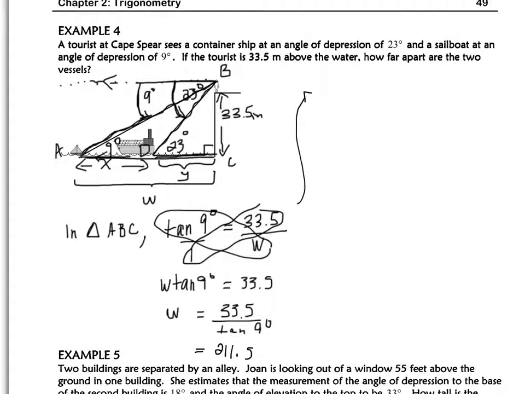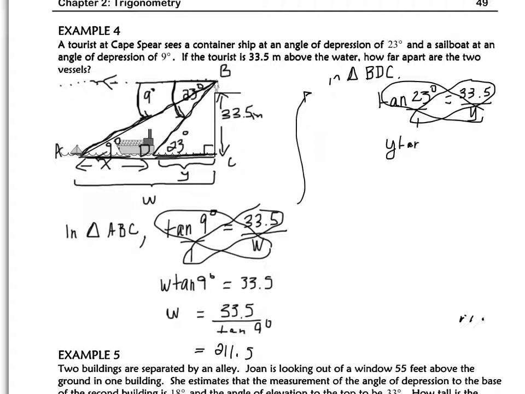And then if we go up here to the smaller triangle, triangle BDC, we have tan of 23 degrees is opposite, which is 33.5, over adjacent, which is Y. So then again, cross multiply, and we get Y tan 23 equals 33.5.